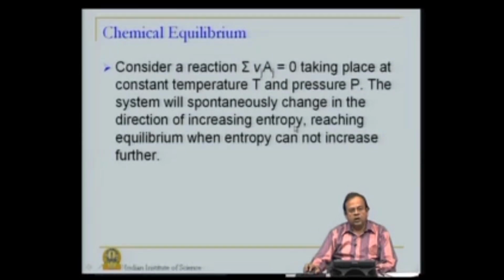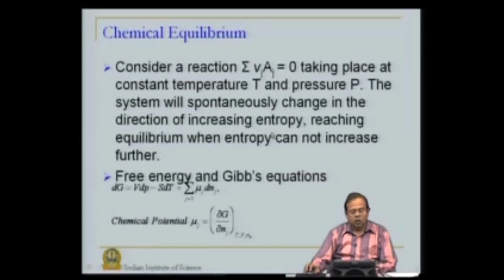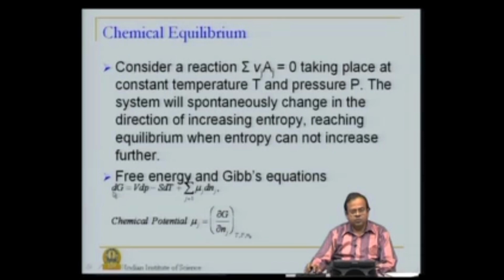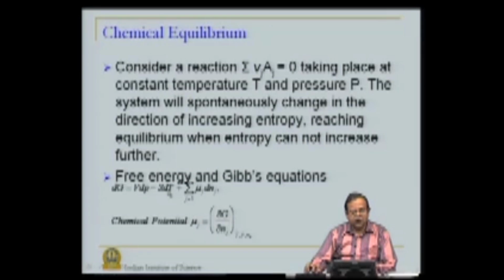Now, when it comes to using this information for the case of reaction engineering, working with entropy is not an advantageous thing. So, we go to free energy and use the Gibbs equation, which tells us that the change in free energy, represented here as dG, is V dP minus S dT plus summation mu j dNj.